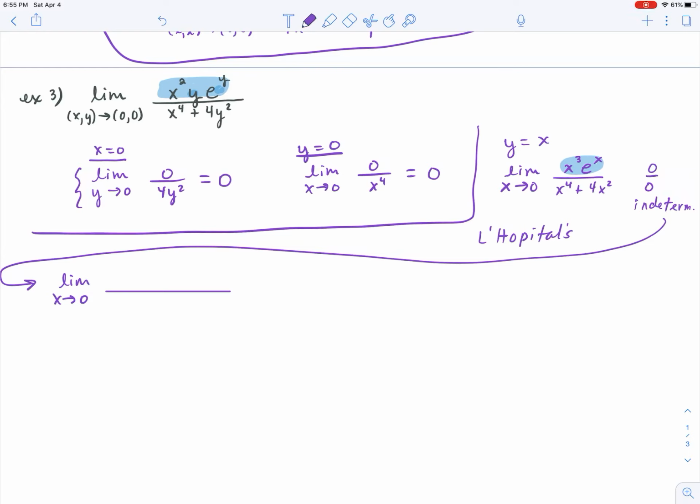So we do x cubed times the derivative of e to the x, which is just e to the x, plus 3x squared times e to the x. And then for the denominator, we get 4x cubed plus 8x. And this is going to be 0 over 0 again.